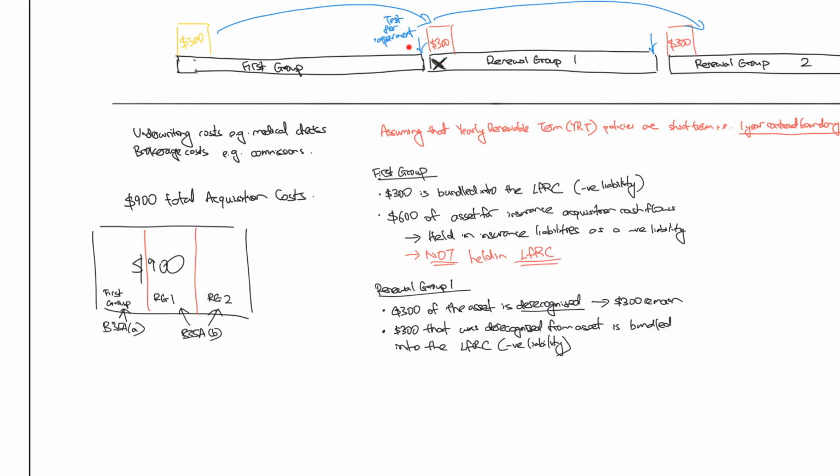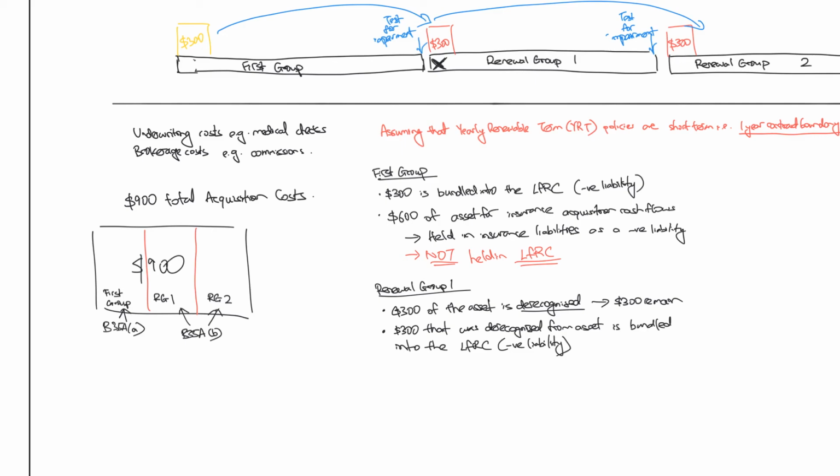And it means if we can't recover some of this or all of this, then all of this must be recognized as an expense immediately, because we didn't recognize that as an expense in the beginning, even though we paid for it. And this impairment test is also done here as well. This impairment test is done at 2 levels, but we're not going to go through those 2 levels in this video. This video is just trying to demonstrate how this allocation works.